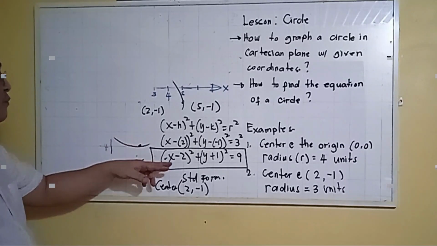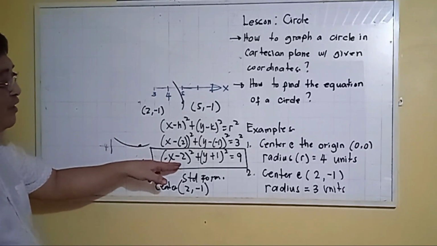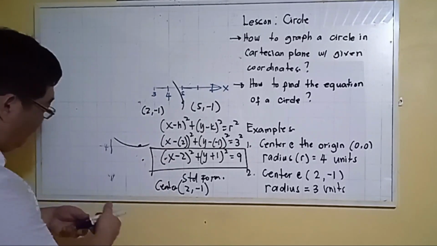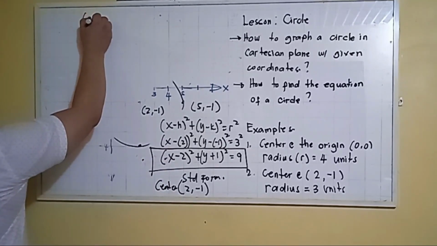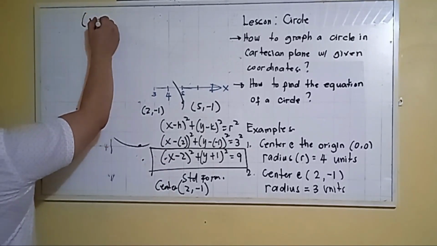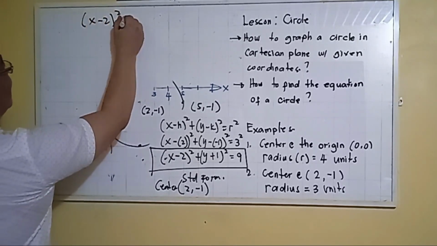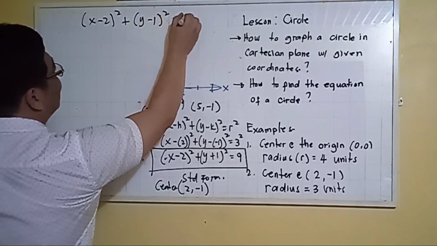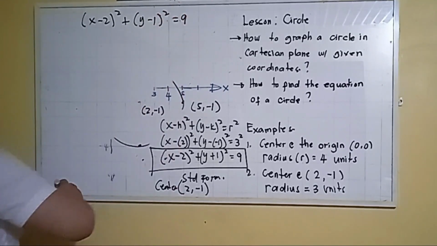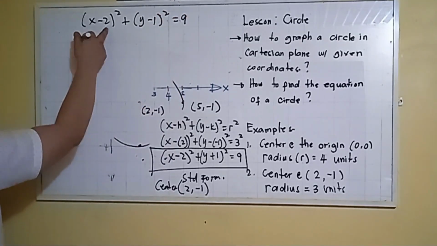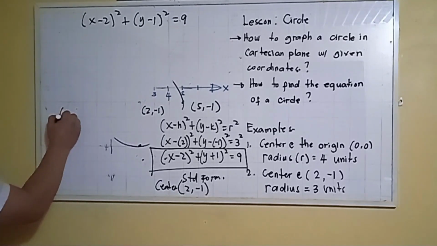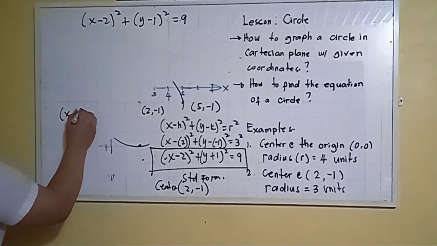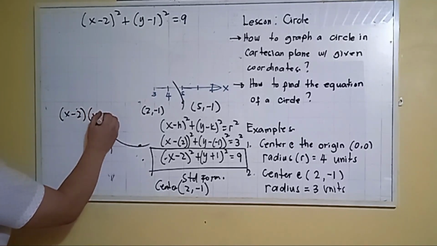Kung gusto natin i-transform yung equation of the circle in standard form, gagawin natin general form. (x − 2)² + (y + 1)² = 9. Dahil itong (x − 2)² is also the same as x − 2 multiplied by x − 2.